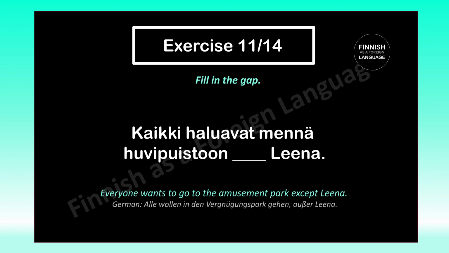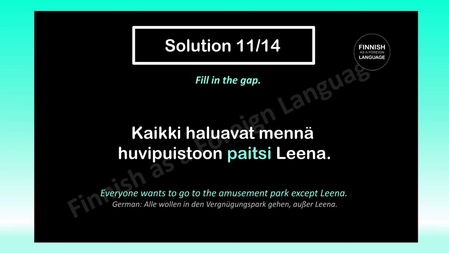We wanna say everyone wants to go to the amusement park except Leena. Kaikki haluavat mennä huvipuistoon. Leena. What do we need here? Very nice. The answer is paitsi. Kaikki haluavat mennä huvipuistoon, paitsi Leena. Everyone wants to go to the amusement park except Leena.